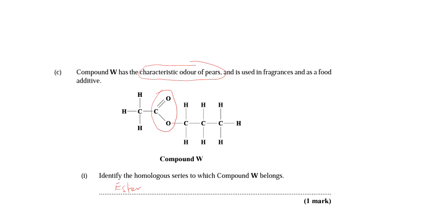Before I even move on to anything else, ester is usually made up of an acid and an alcohol. So I can actually tell you what the acid is and what the alcohol is. So this is the acid, and the alcohol will be this. So these two compounds, when they react, they give me the compound W.